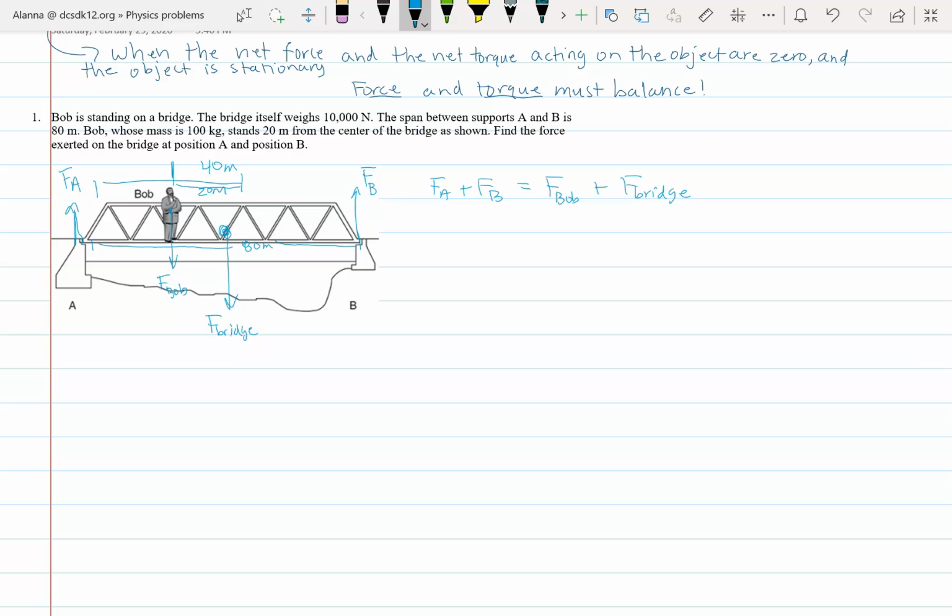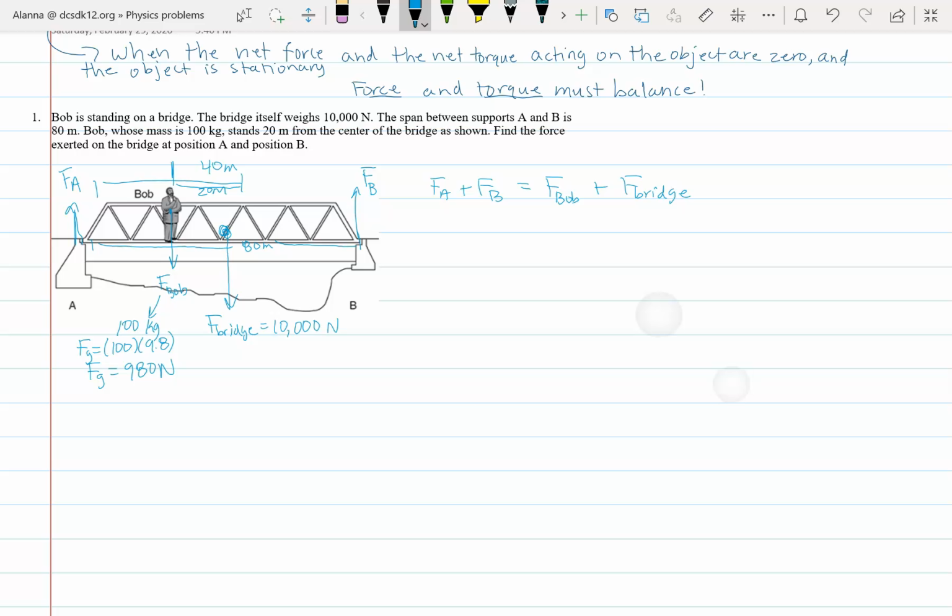And we know that the bridge has a weight of 10,000 newtons, so it's going to be pulling down with 10,000 newtons. And Bob has a mass of 100 kilograms, so his weight is going to be 100 times 9.8, which is 980 newtons. So he's going to be pushing down on the bridge with 980 newtons.